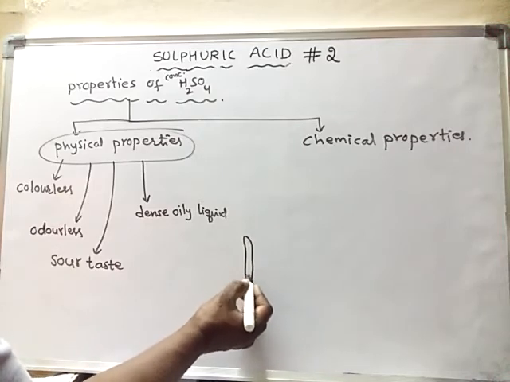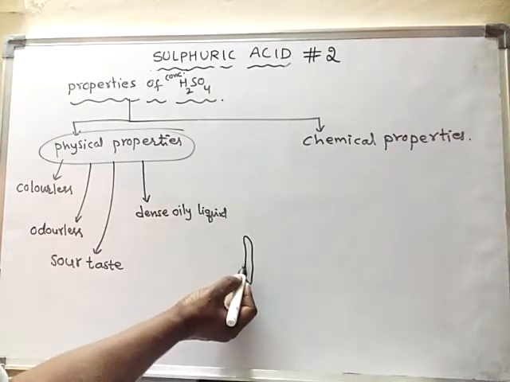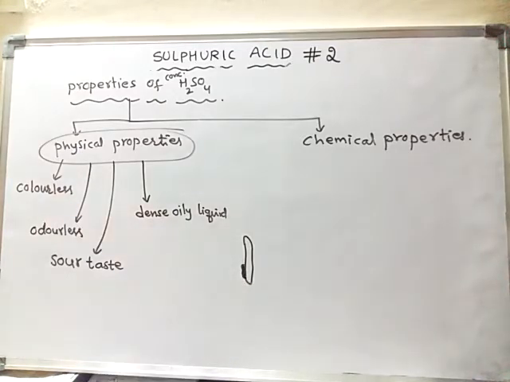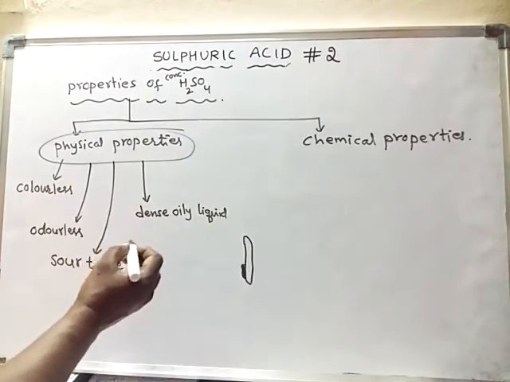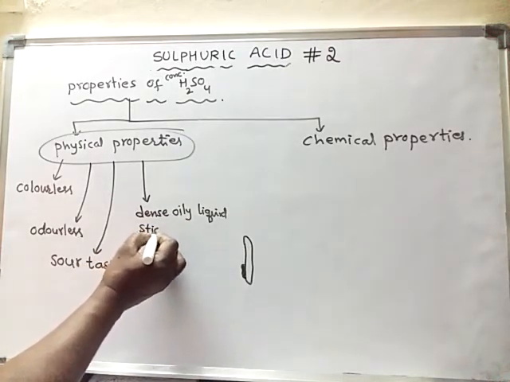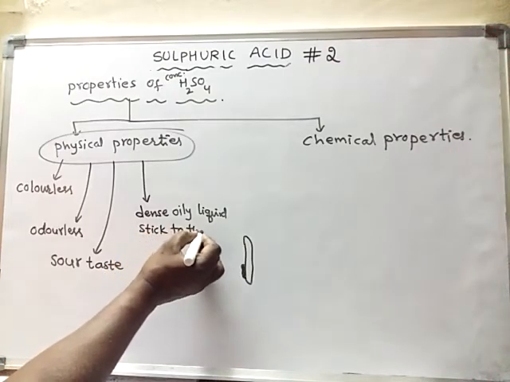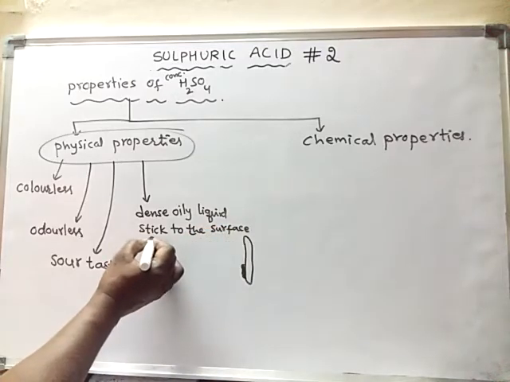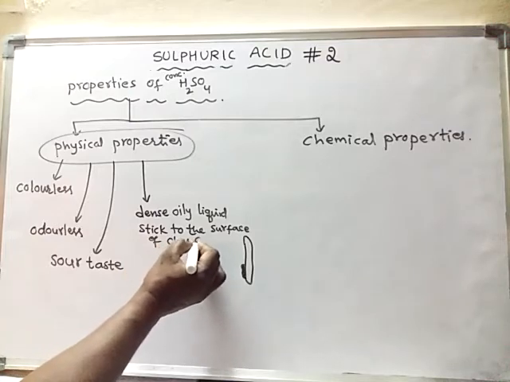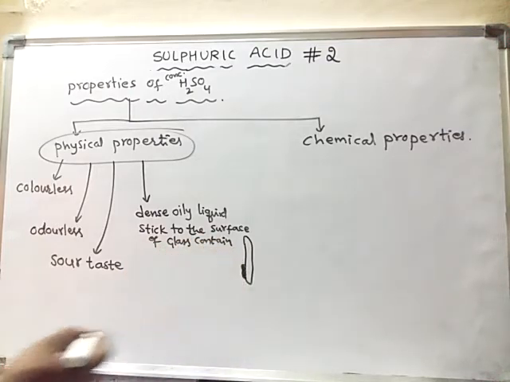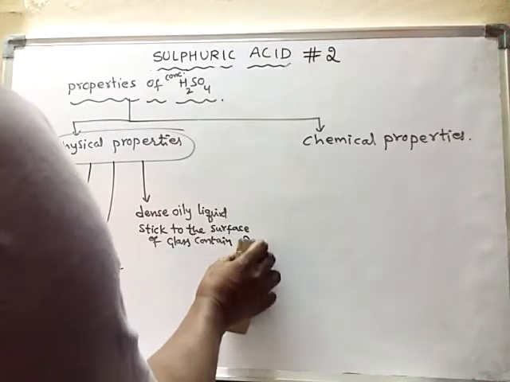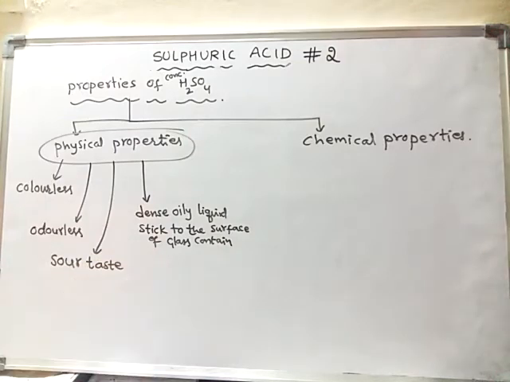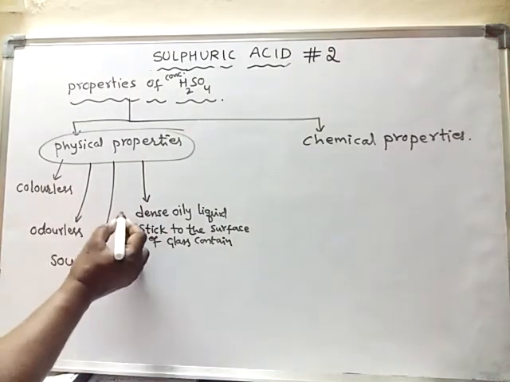Suppose I put a glass rod in concentrated sulfuric acid, it will stick to the surface of the glass container. If any glass material comes into contact with the concentrated sulfuric acid, it will stick to that container.